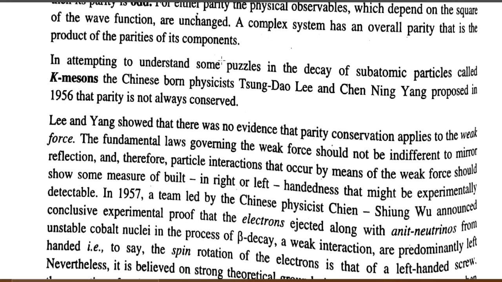The fundamental laws governing the weak force should not be indifferent to mirror reflection, and therefore particle interactions that occur by means of the weak force should show some measure of built-in right or left-handedness that might be experimentally detectable.